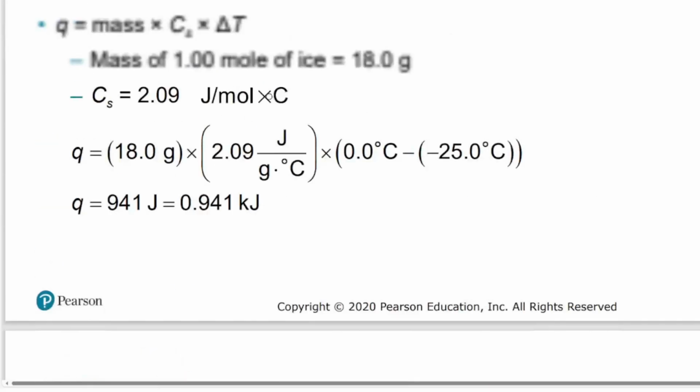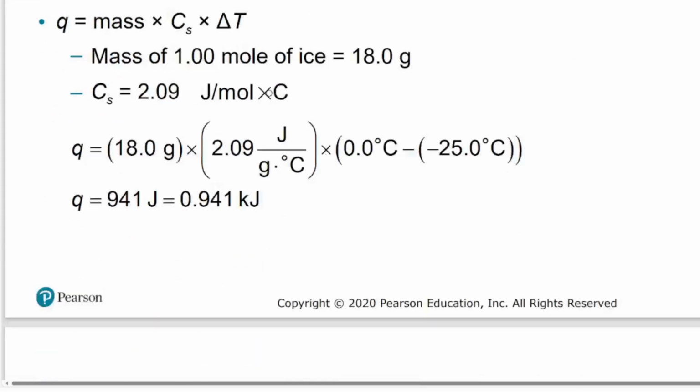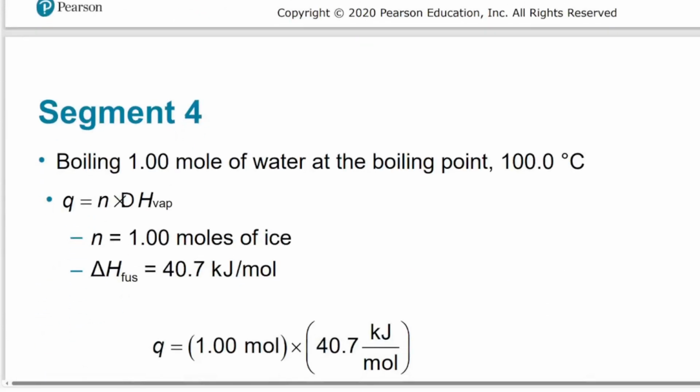Next, we'll look at segment 4. Segment 4 is the boiling of the water. Notice the temperature doesn't change here, so we can't use the Q equals mc sub s delta T equation because delta T is 0. Our temperature isn't changing. So again, we have a delta H governing this region.